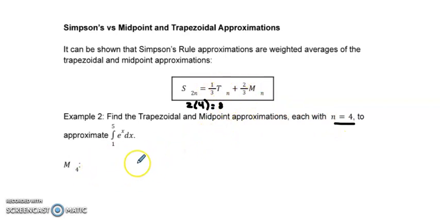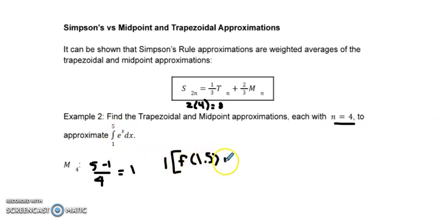I have 5 minus 1 as my full interval, and I'm dividing by 4 partitions, then my coefficient in front of each is 1. So really all I need to do for the midpoint is add up. 1 is the width of each interval, and then I need the midpoint of each. My first interval goes from 1 to 2, so I need f of 1.5 for the midpoint.